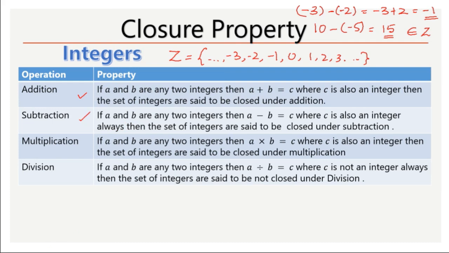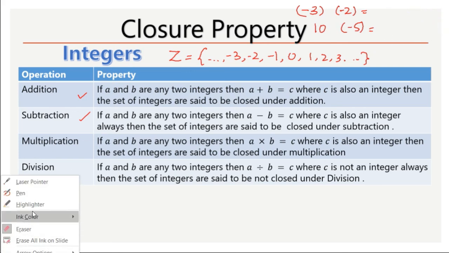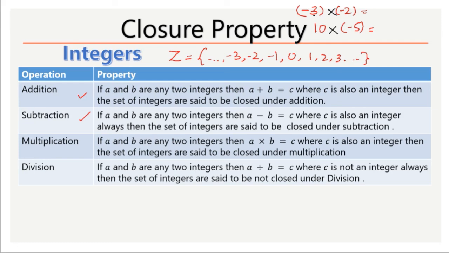What if I consider multiplication? If I consider multiplication, will the product be an integer? Let me take the operation product. Negative 3 multiplied by negative 2 is positive 6.